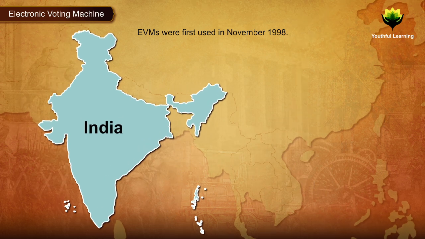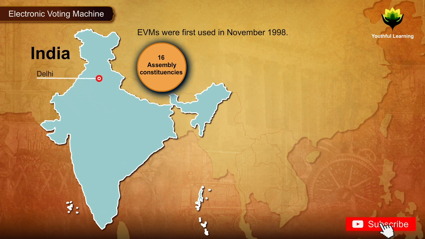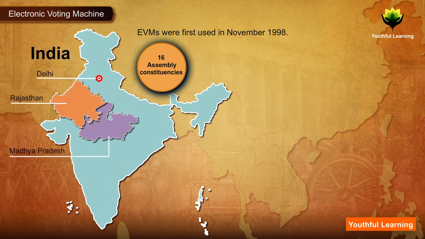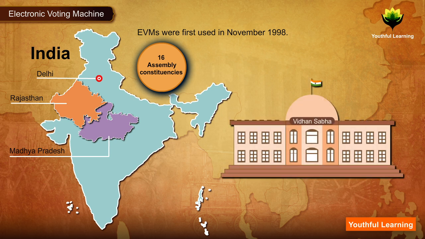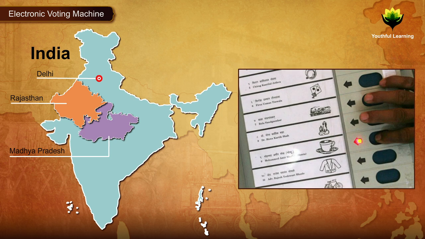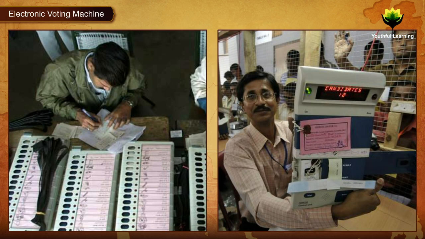EVMs were first used in November 1998 in 16 assembly constituencies of Delhi, Rajasthan and Madhya Pradesh during the state legislative assembly elections. To use the EVM, the voter must press the button against the name of the candidate. The votes on all the EVMs in a constituency are counted to calculate the results.